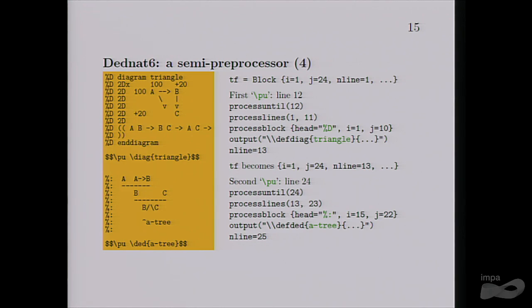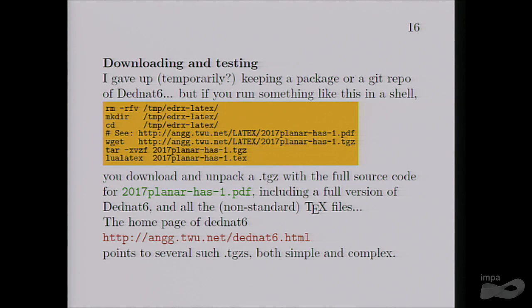It takes the TeX code and sends that to LaTeX. And then it changes the end line to this position here. And then the same thing happens again at the second PU. When we run the second PU, the end line is here, and it processes everything from this point to this point. So this is how the semi-preprocessor works.